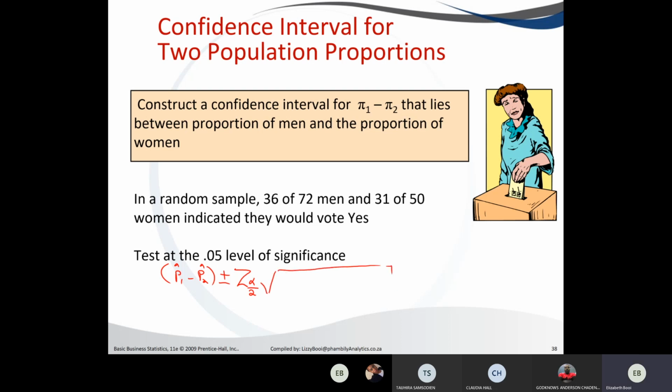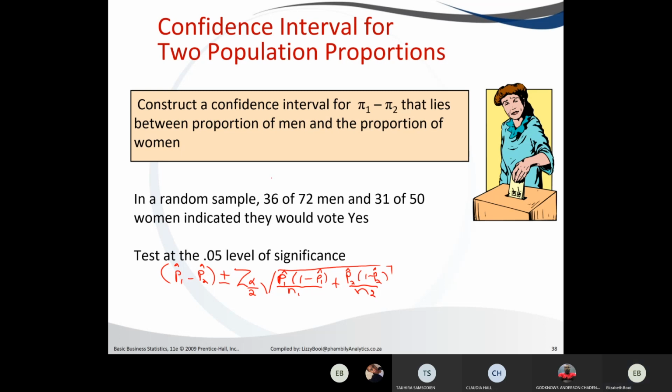times the standard error, which is p-hat 1 times 1 minus p-hat 1 divided by n1 plus p-hat 2 times 1 minus p-hat 2, which is the sample proportion for 2, divided by n2.